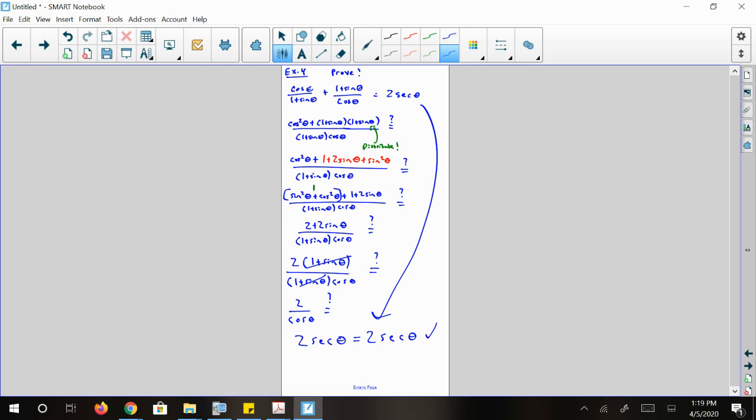If we're reviewing what we did here, we found a common denominator, we distributed this out, we used the Pythagorean identity, combined like terms to make this a 2. Then we factored out the 2, divided this out, and then 2 over cosine was the same thing as 2 times secant of theta.